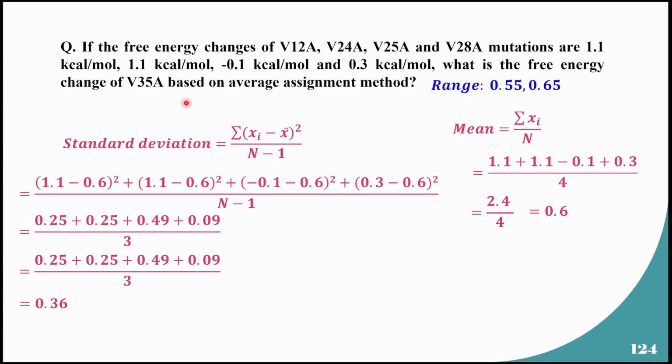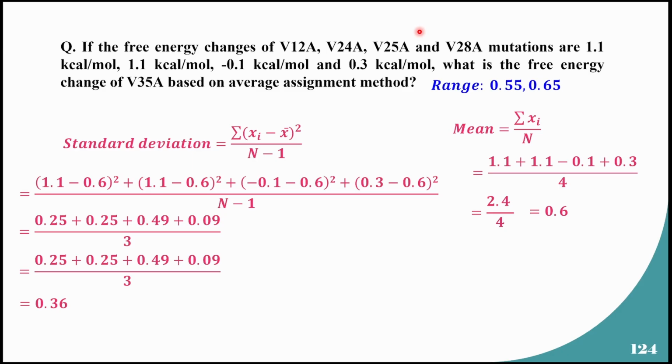You want to change one amino acid to another, but you already have available data of similar amino acid changes, for example valine to alanine, and what the free energy change is among those. If you have that information and want to assess a new valine to alanine mutation at a different position, you can average all of the available free energy values, and that will give you an idea.